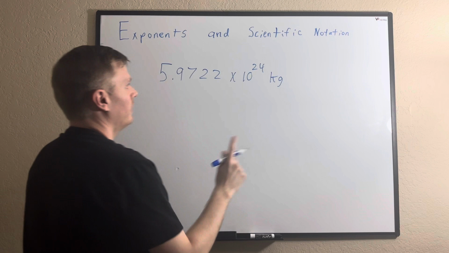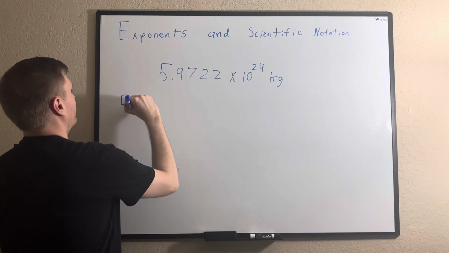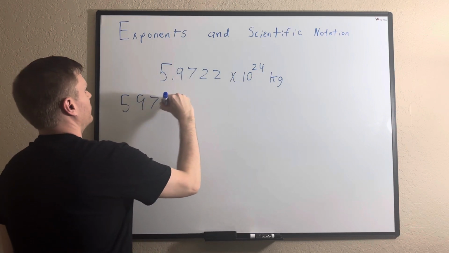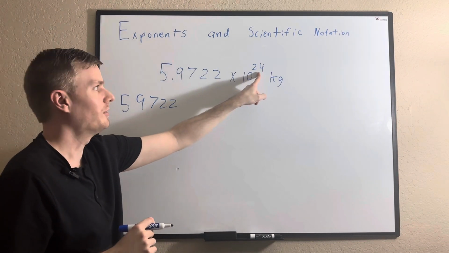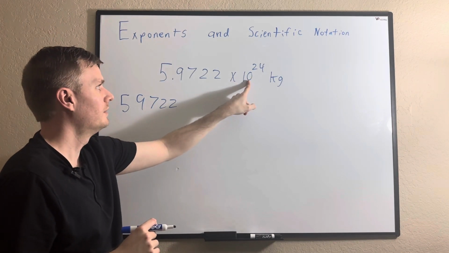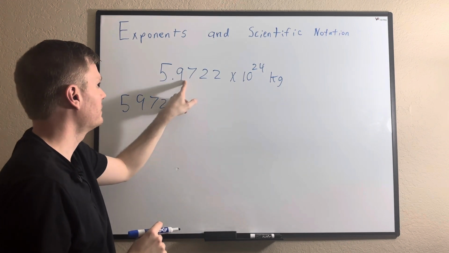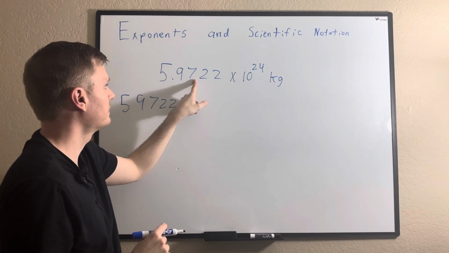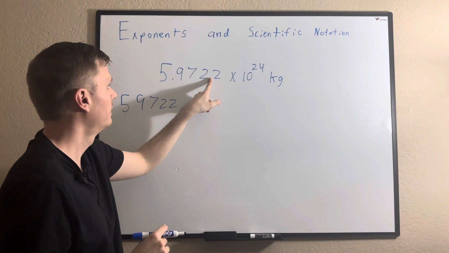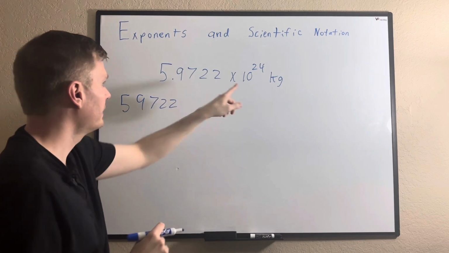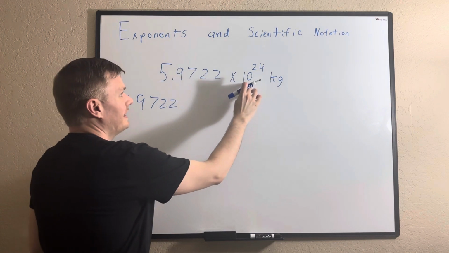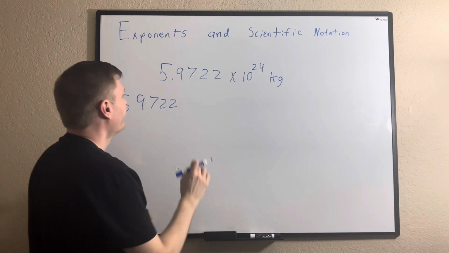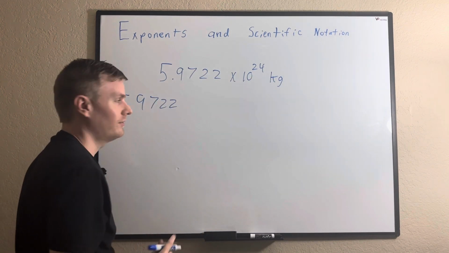Let's just write it all out here. 59722. Okay. Now, this is what that exponent means. When you multiply something by 10, you're actually just moving this decimal over, right? So let's multiply this by 10 to the 24th, which means we're multiplying it by 10 24 times. So we're going to move this decimal over 24 spots.